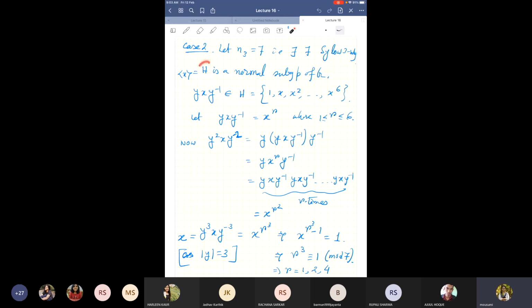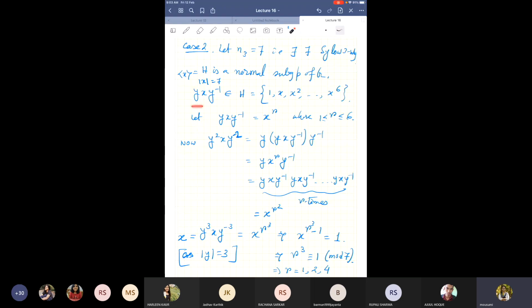And any group of order 7 is cyclic, so this H will be generated by this element X such that order of X is equal to 7, right? So H has then what elements? 1, x, x square up to x to the power 6. These are the 7 elements of this group H, which is generated by X. It is a normal subgroup.